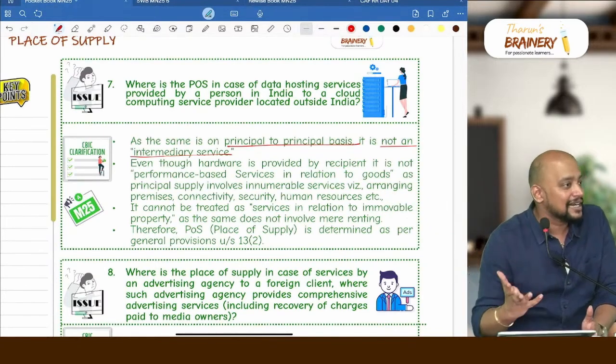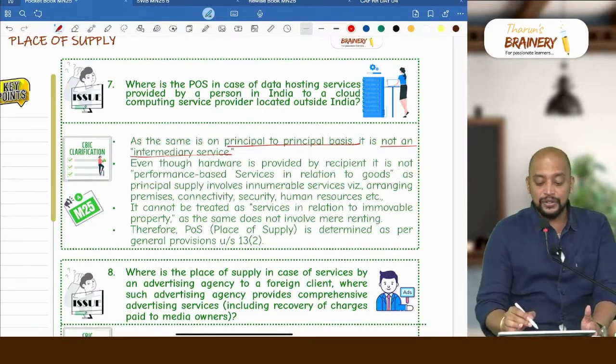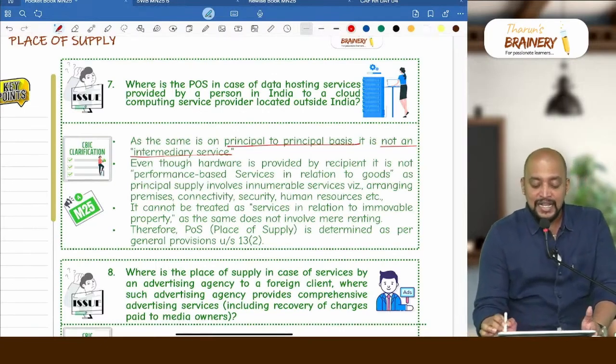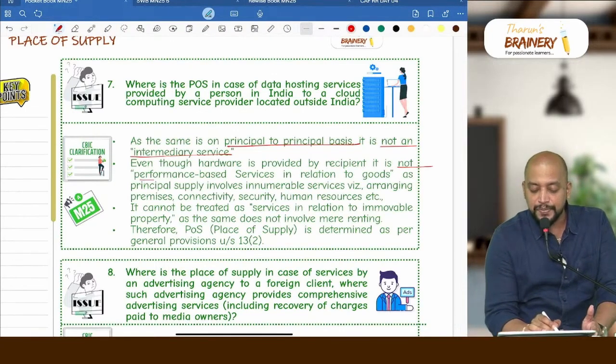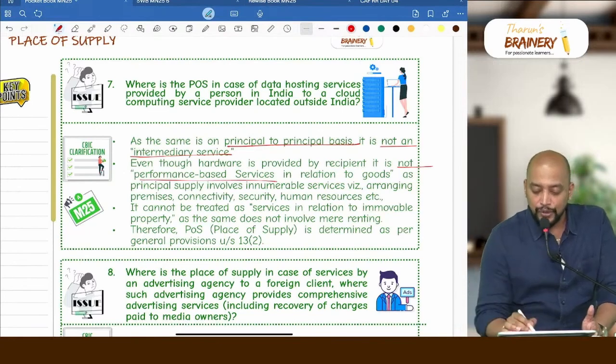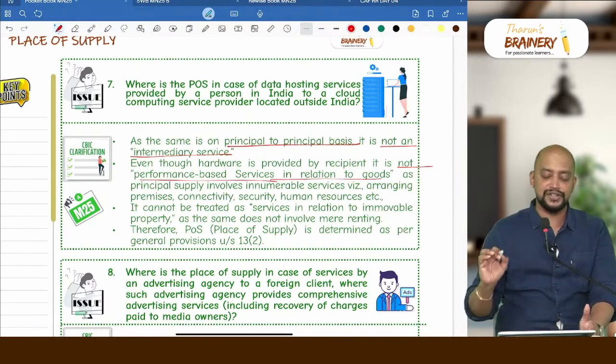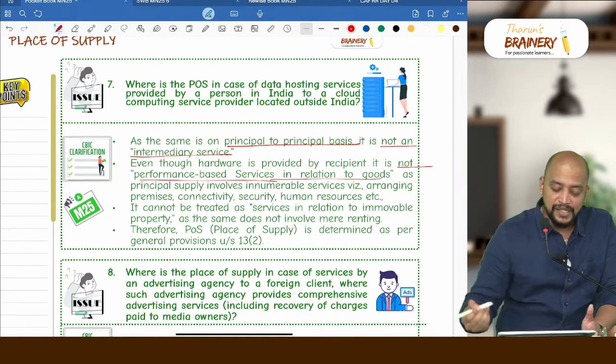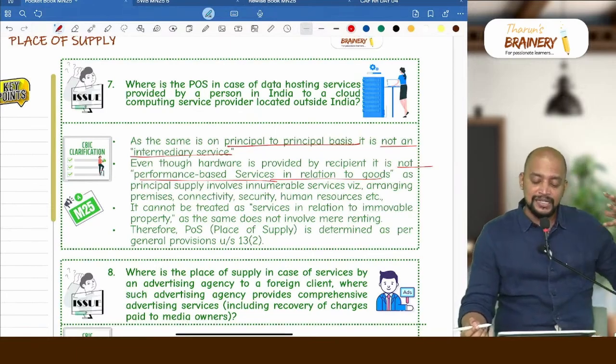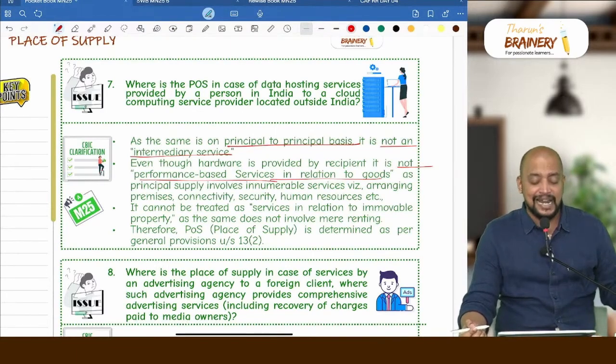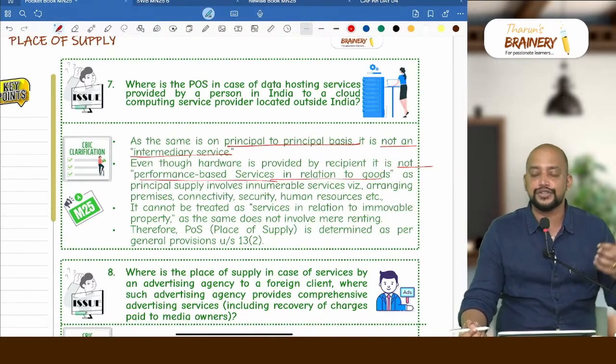So even though the hardware is provided by the recipient, it is not a performance based service in relation to goods, as the principal supply involves innumerable services like arranging premises, connectivity, security, human resources, etc.